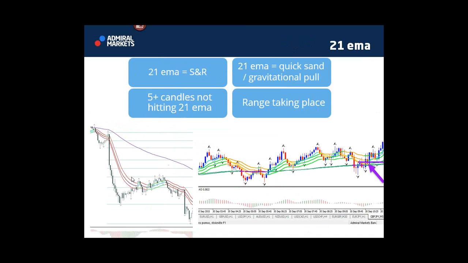But how do we know when the band will act as support and resistance or when it will not? A rule of thumb I use is how many candles have moved away from the 21 EMA band. Look at this left example here. We see about 9 candles not touching the 21 EMA band.